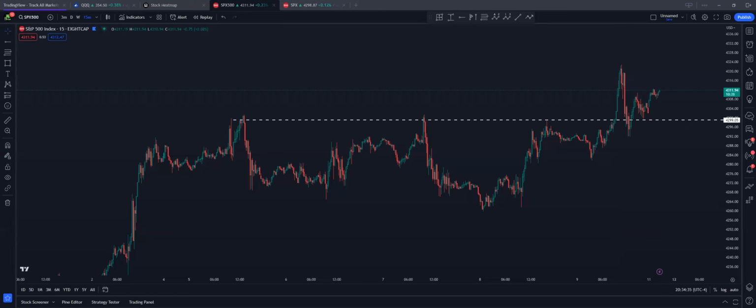Okay, so that is how you find a resistance. You look at an area where the price has touched 3 times, but it's unable to break. Support, same thing. Let's look for a specific price in which SPX came down, touched it at least 3 times, and was unable to hold under it. If we look, we can see that after moving up, we came down and we touched 42.69, right?